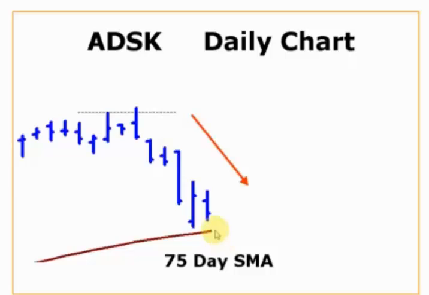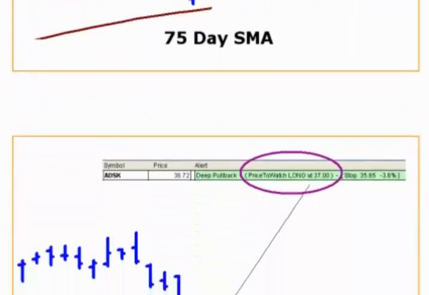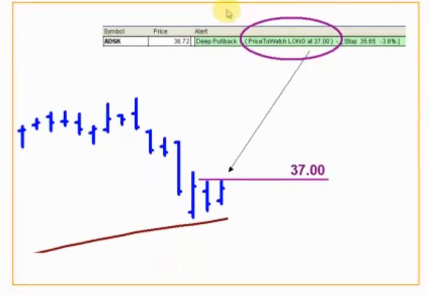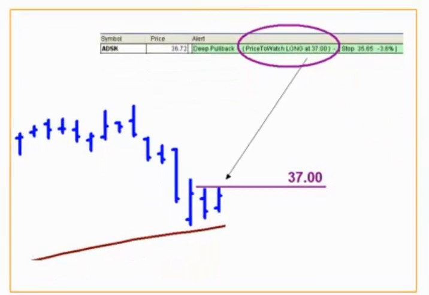And this one here would be what's called a deep pullback, and you see the price comes all the way down to, above the 75. The software would detect that and do a bunch of analysis and then issue an alert.